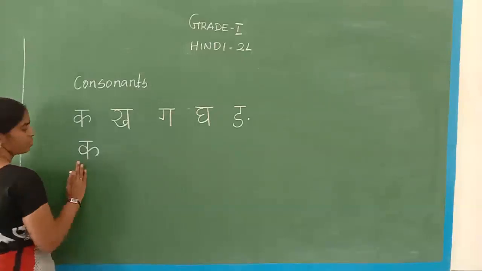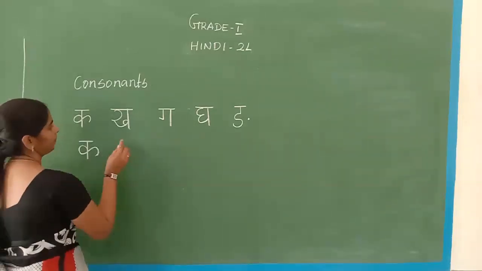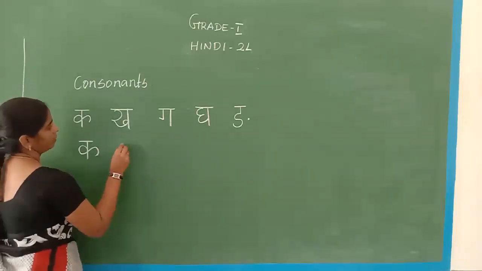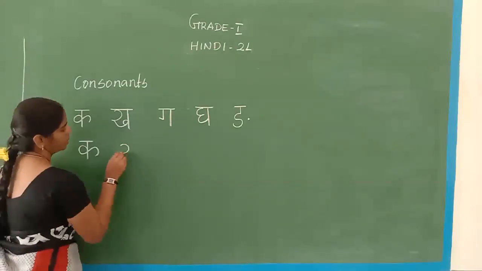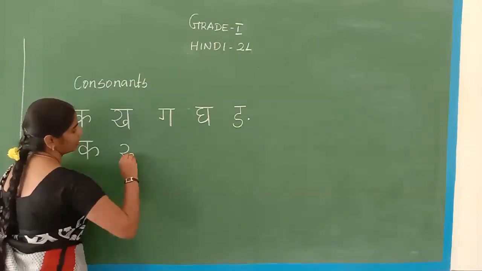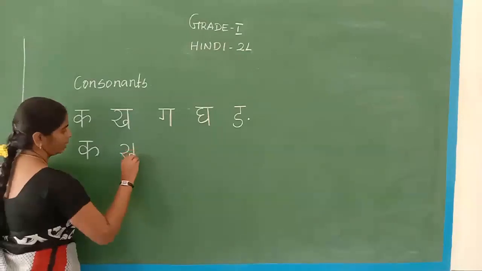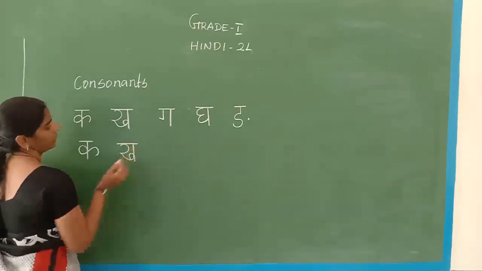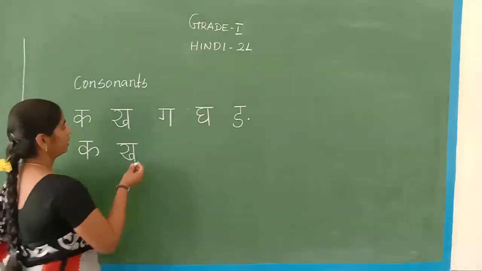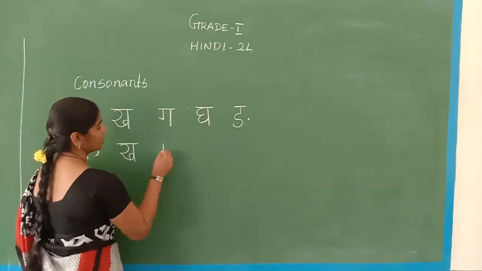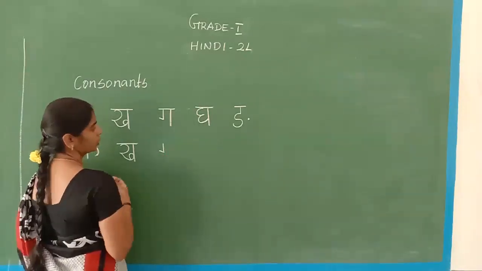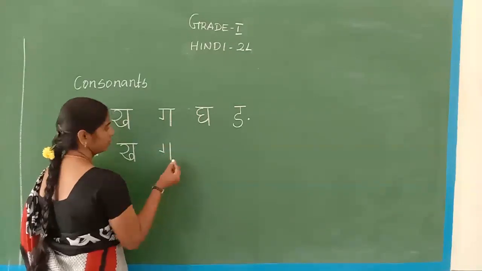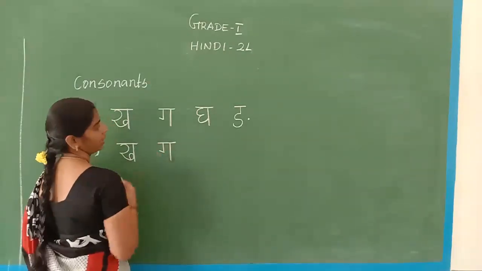This is the first consonant letter. And then like this, round, one line and top of the line. The third letter is a short line with a hook and one line and top of the line.